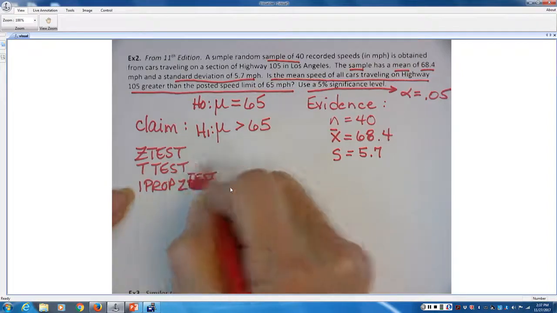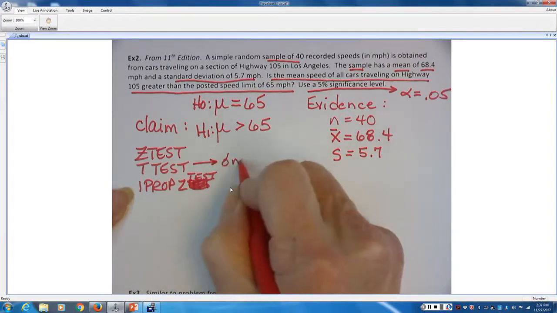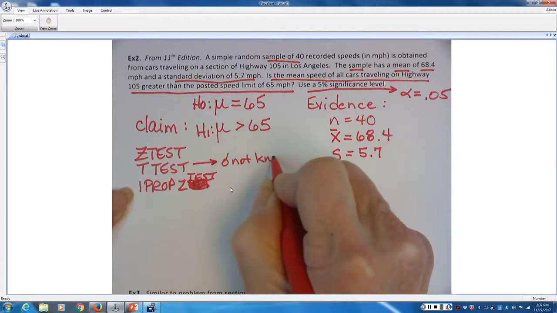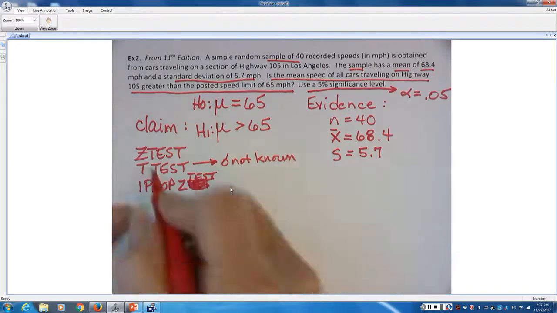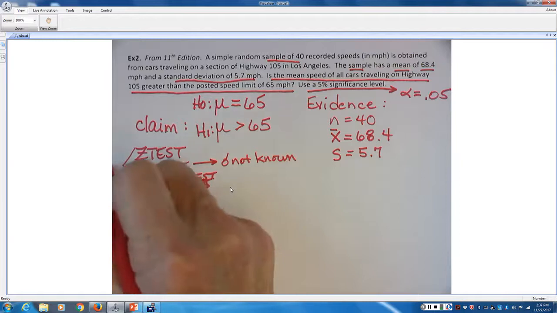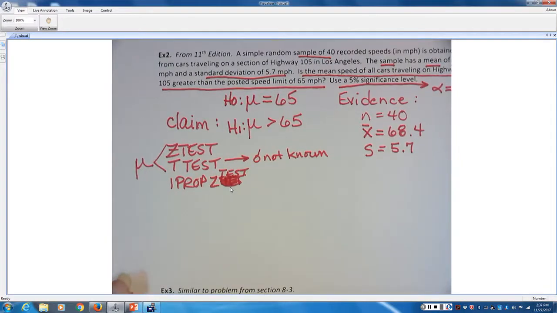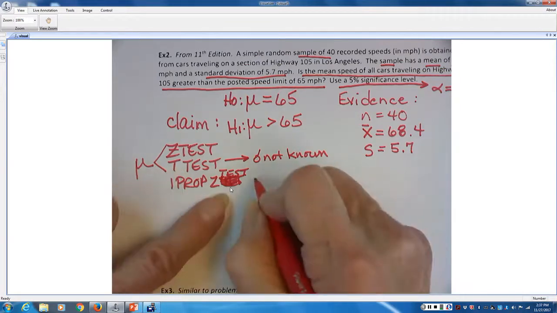Okay. It is a t-test because sigma is not known. It is a choice between z and t because it's about mu. So we go to a t-test.